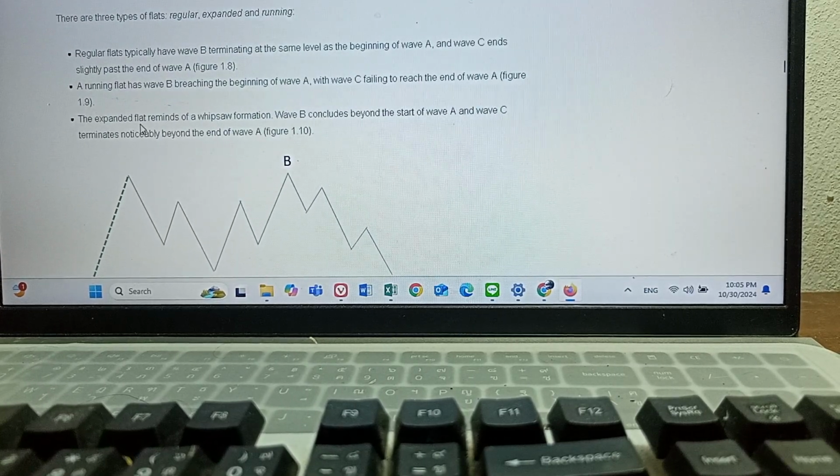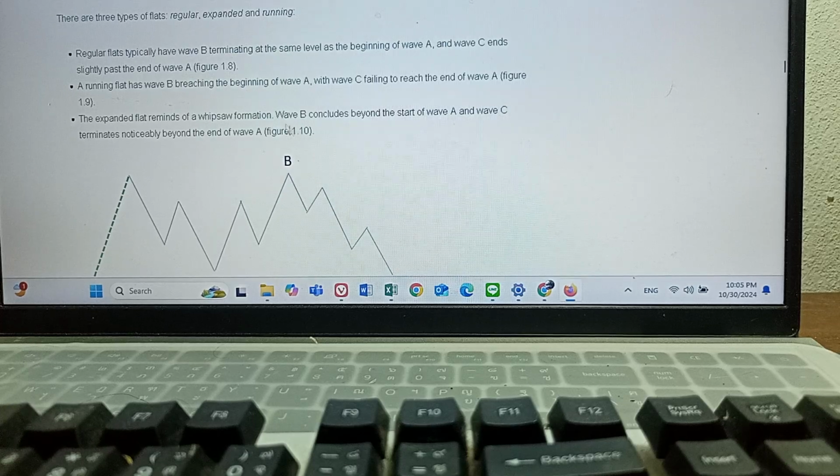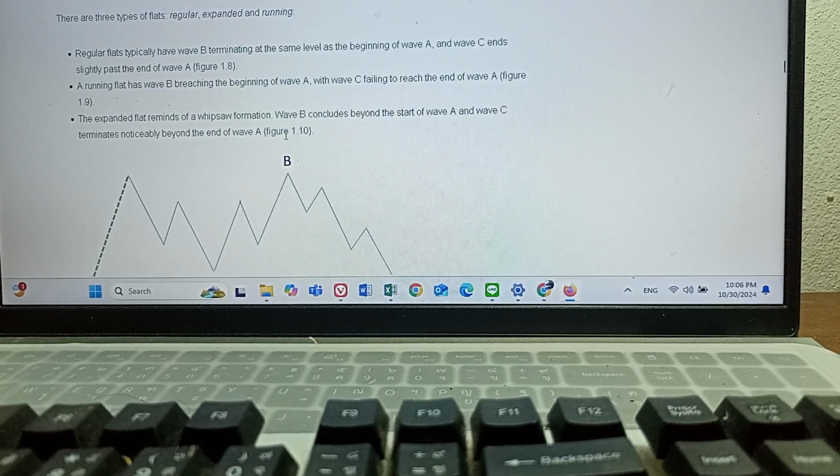The expanded flat reminds of a whipsaw formation. Wave B concludes beyond the start of wave A, and wave C terminates noticeably beyond the end of wave A. Figure 1.10.